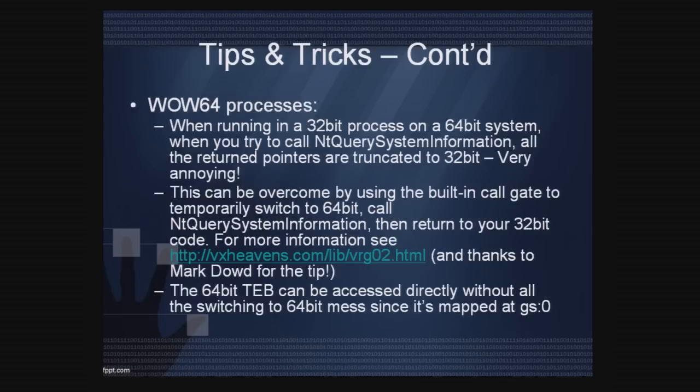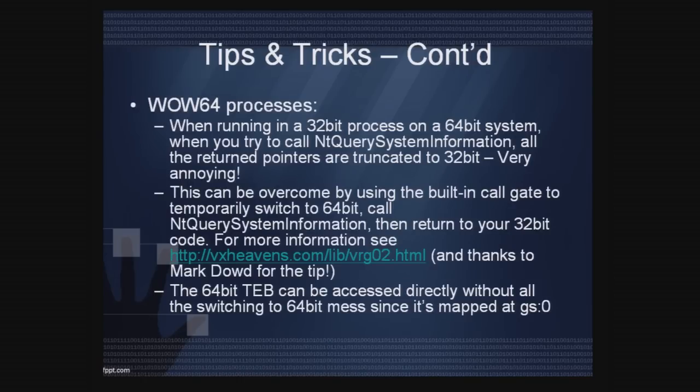Another problem that many kernel exploit developers run into is that they're trying to call NtQuerySystemInformation from a 32-bit process running on a 64-bit system. All the pointers that are returned are truncated to 32-bit by the thunking system. There's a nice paper about it, thanks to Mark Dowd. I don't know if he's here. He sent me that link.